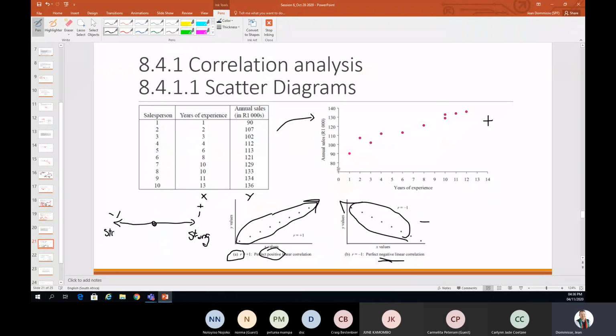On this side it is also strong, but it is a strong negative, and the more you walk into the 0, the weaker it becomes. Okay, so again, just some graphic to explain it a bit easier.